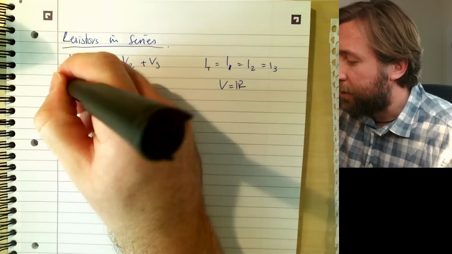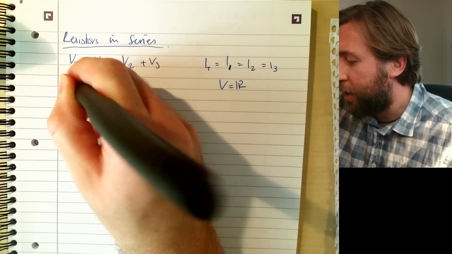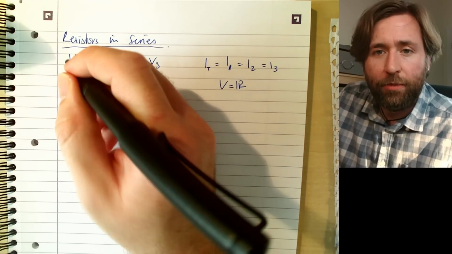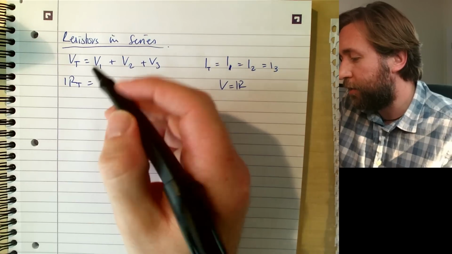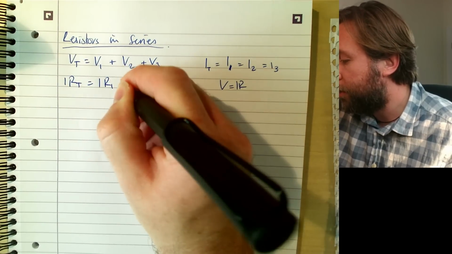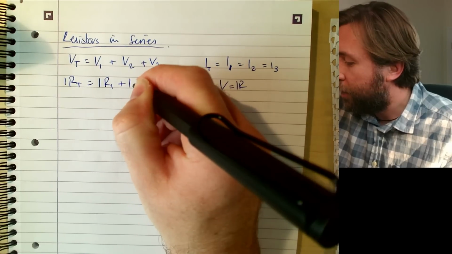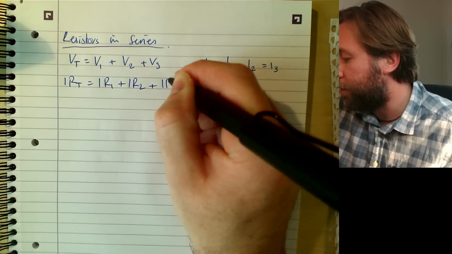So the current through the supply multiplied by the resistance of the whole circuit is equal to the current through the first resistor times the first resistance plus current times the second one plus current times the third one.